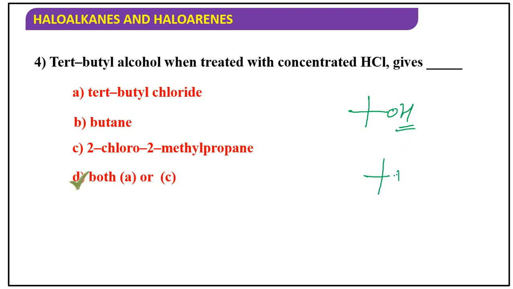So here it is forming a carbocation, a stable tertiary carbocation. So next step, here a total of 9 hydrogens are there, CH3, CH3, CH3. Any one of the hydrogens can be removed. So it is forming like this, a double bond.